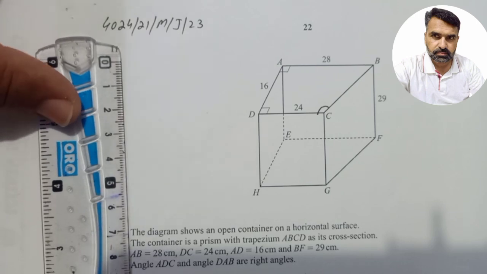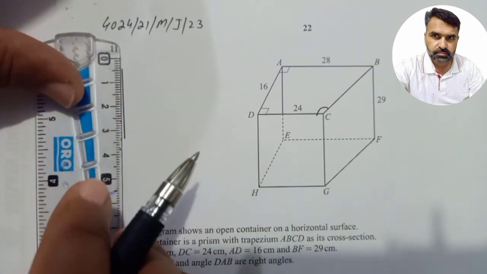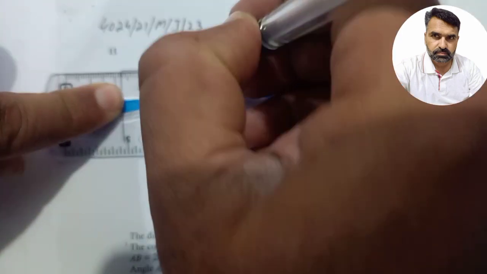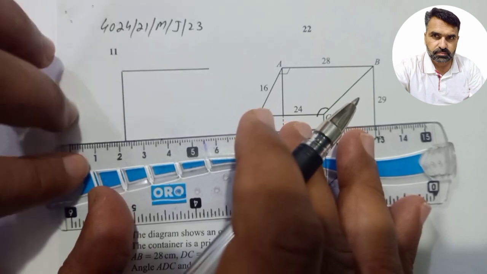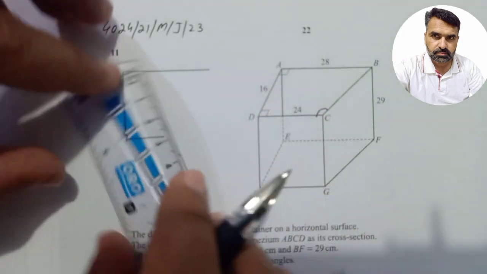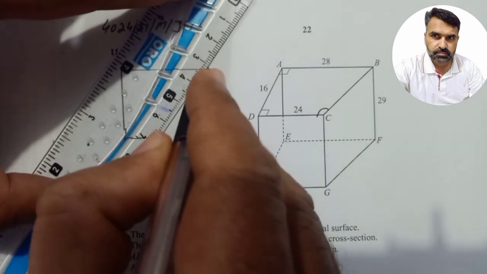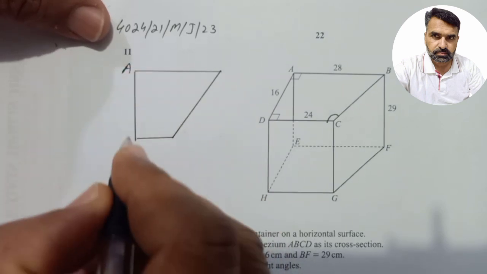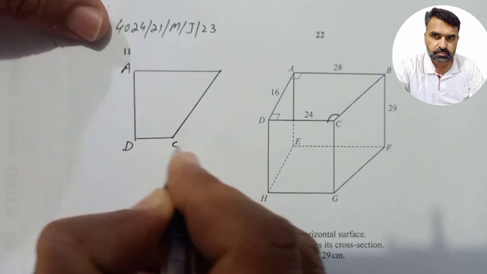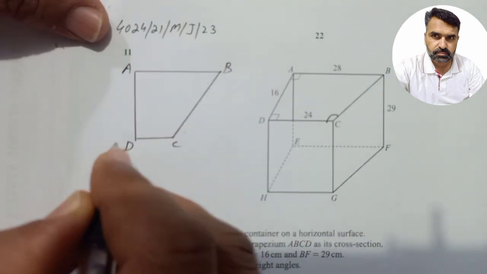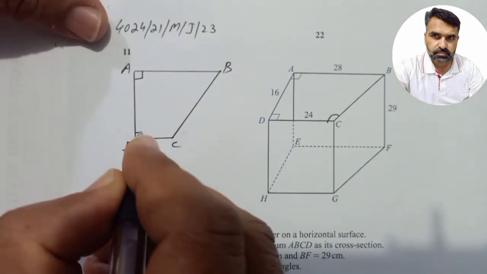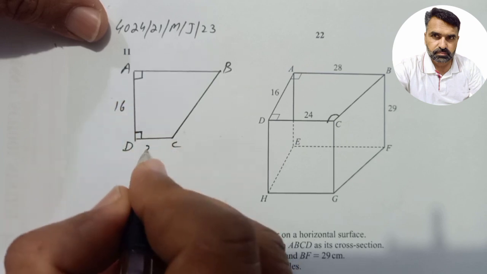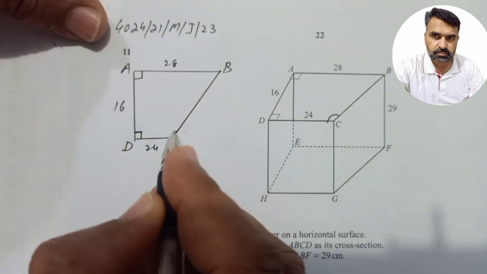This is a trapezium, A, D, C, B, and these two lines are parallel and these two angles are right angles. This side is 16, this side is 24, and this is 28, and we have to find this angle.